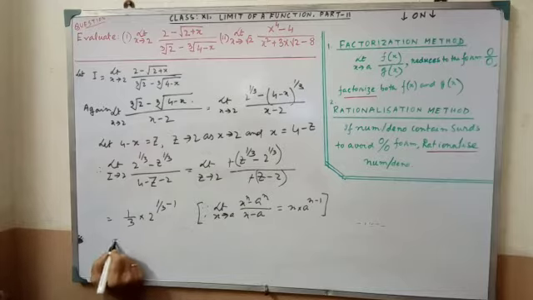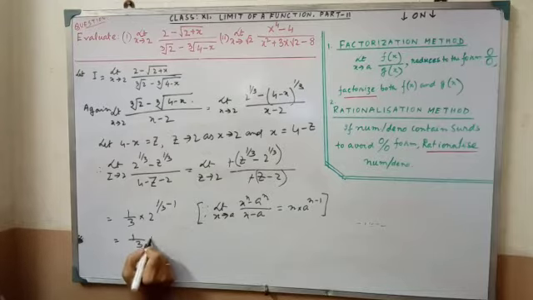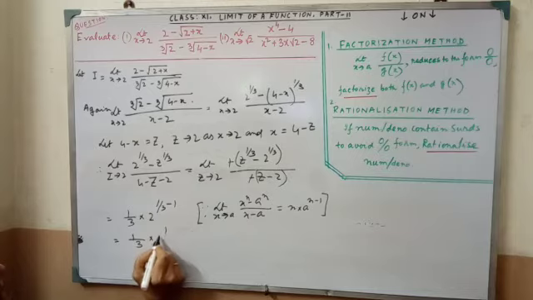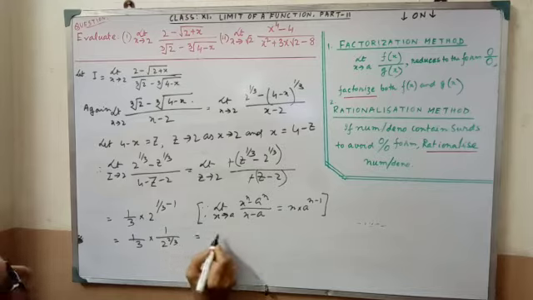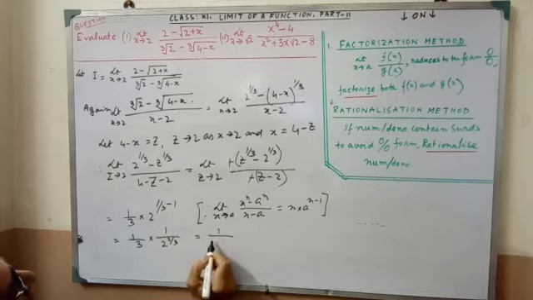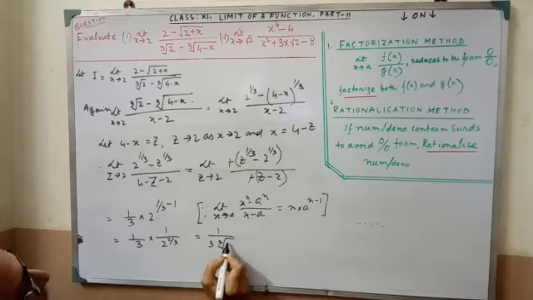Now we have to simplify this. 1 by 3 into 2 to the power minus 2 by 3, then simplifying, it is coming 1 by 3 cube root of 2 square, and cube root of 2 square is cube root of 4.